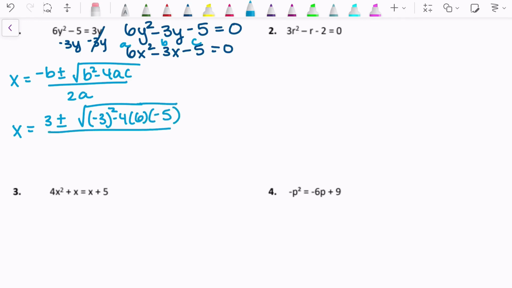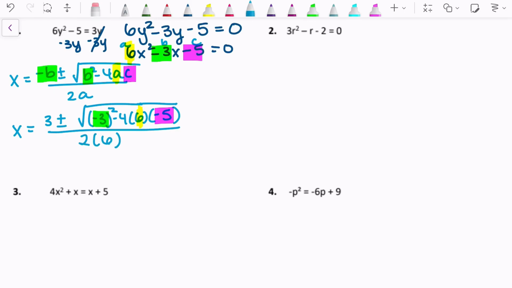So I have plopped those values in where they go. 6 goes a. I have negative 3 is my b value. And then I have negative 5 is my c value. And then I'm going to do 2 times a on the bottom, which is 2 times 6.